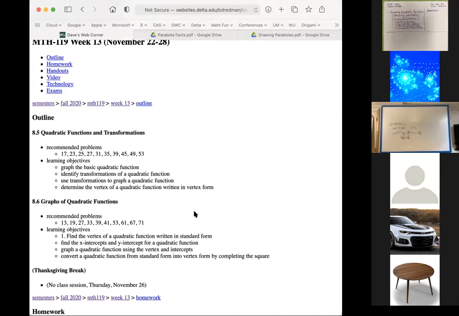We've been examining quadratic equations for a couple of days now.